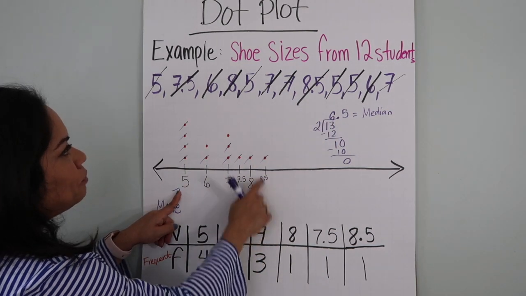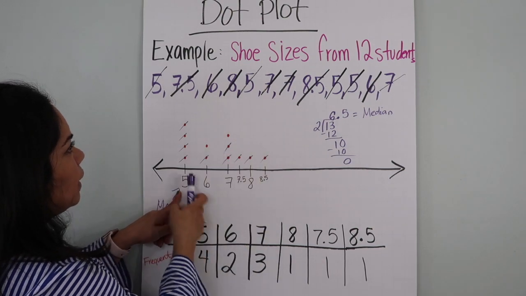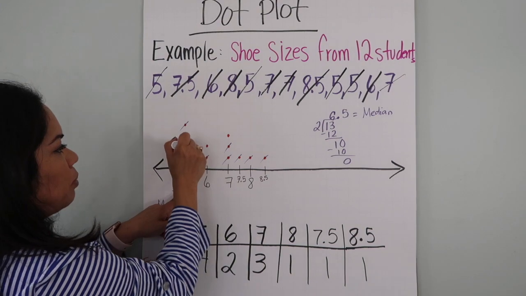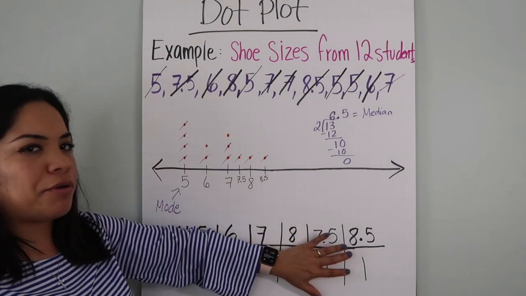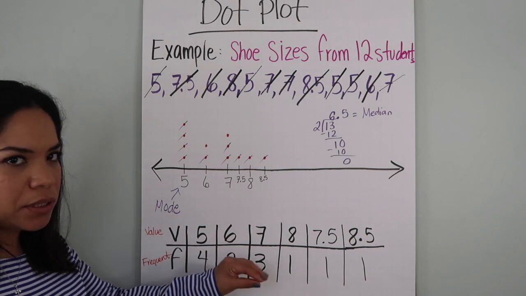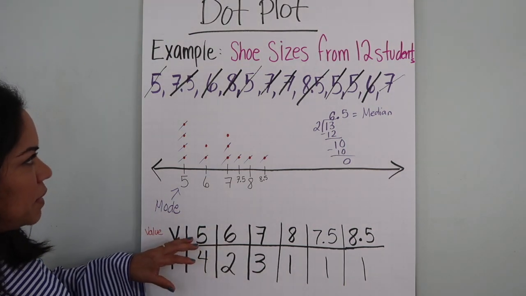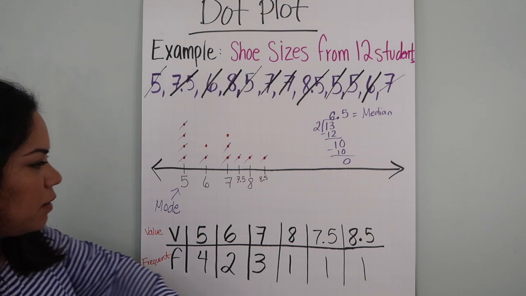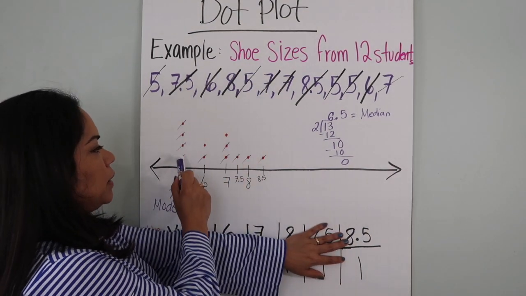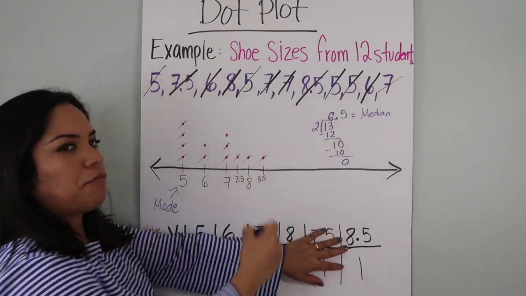Draw the number line with the data, and then start crossing out how many 5s you have and plot the dots without creating the frequency table. The frequency table helps you be more organized so that you don't make a mistake, but if you feel like, oh, I don't need to do this extra step, I can see it and plot the dots based on the information given.